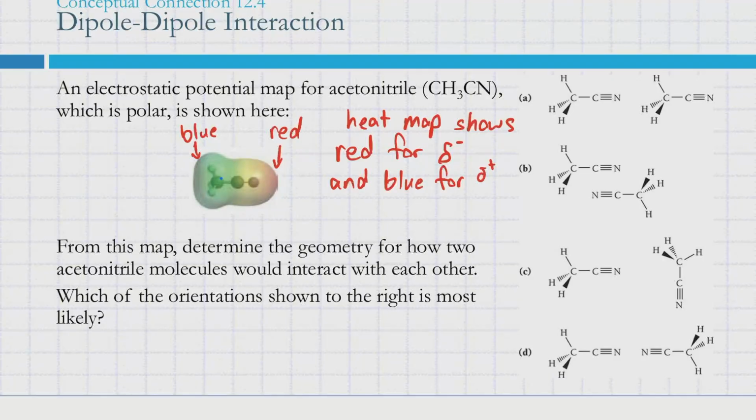Those are the atoms that we have there. It's a little hard to see on the projector in class. So if red's partial negative, blue's partial positive, how will these little mini magnets line up?